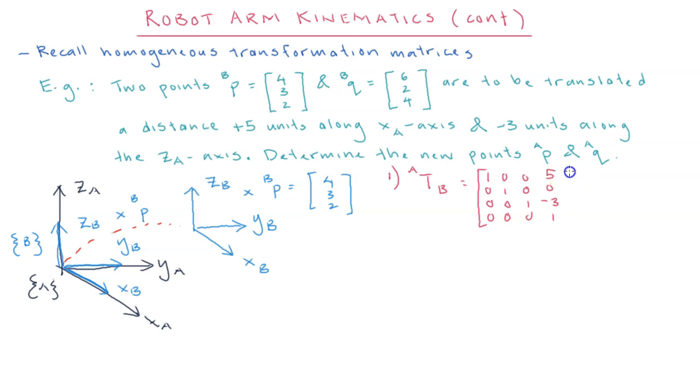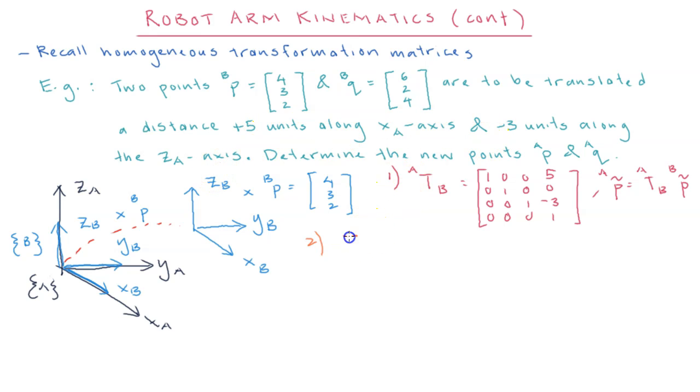Then in order to find PA, you just have to use this equation: P tilde A equals TBA multiplied by P tilde B. And we know P tilde B is this position vector expressed in homogeneous coordinates. Or we can also solve it by considering these two translations in sequence.